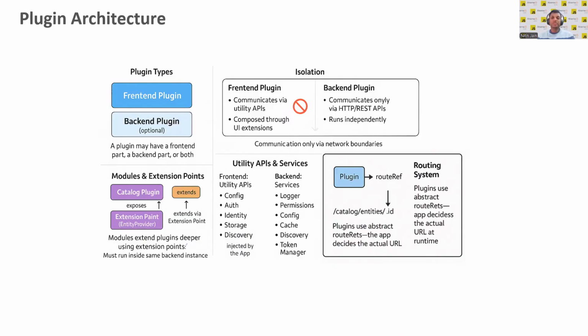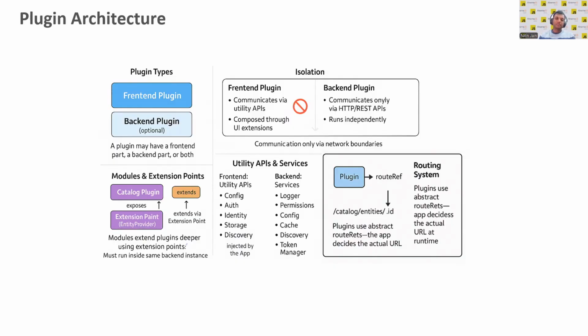There are modules which extend features safely. Routing is also one of the features provided at the plugin level. So this is a master class in designing for scale, safety and for multiple teams.